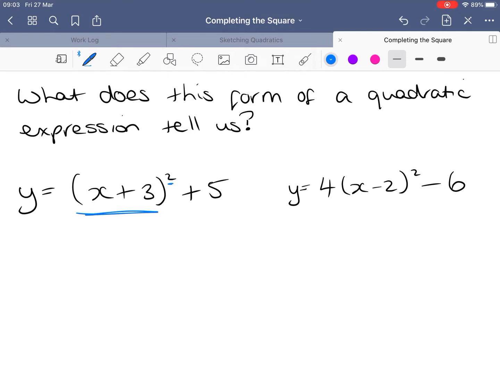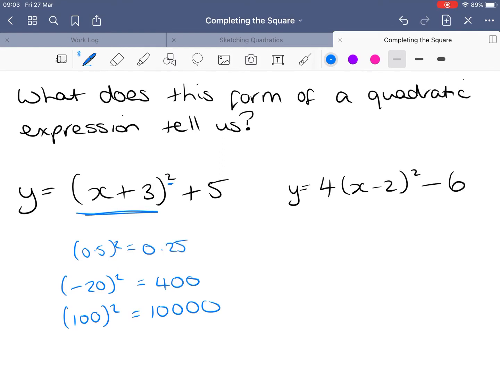Any other number, let's look, minus 20 squared is going to become 400. 100 squared is going to become 10,000. 0.5 squared is going to become 0.25. Minus 1/5 squared is going to become 1/25. Any number squared is always going to be either 0 or a positive value.